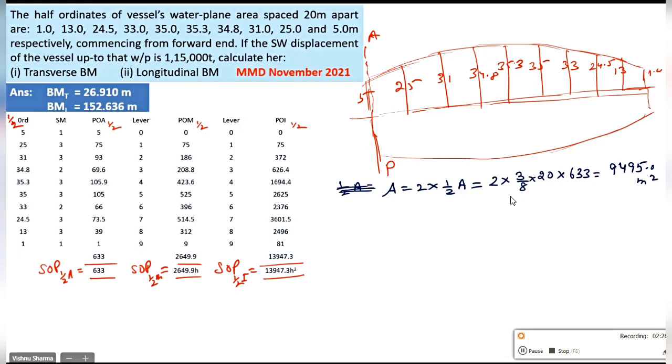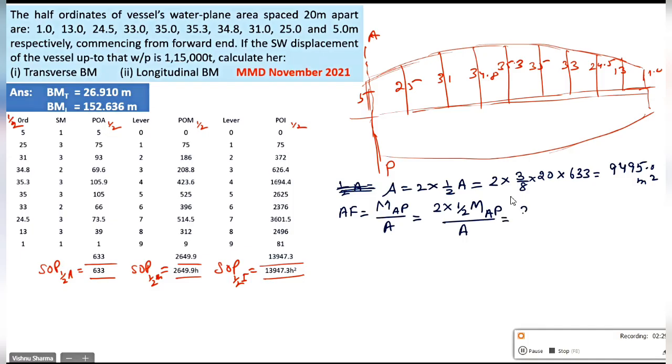Okay, guys. So we have already doubled it up. It's full area. So now I'll have to take the moment also full only, or if I use half moment, I have to use half area. So let me take the moment also full, no problem. So AF or LCF will be equal to moment of the water plane about after perpendicular upon area. What is the moment? It will be twice into half moment. I'm just writing it so that people don't have any confusion, because the table will give us half moment, they'll get cancelled out, don't worry.